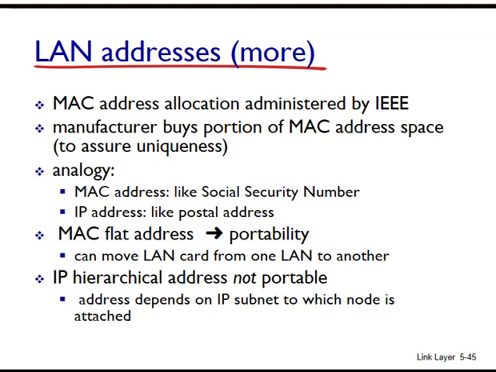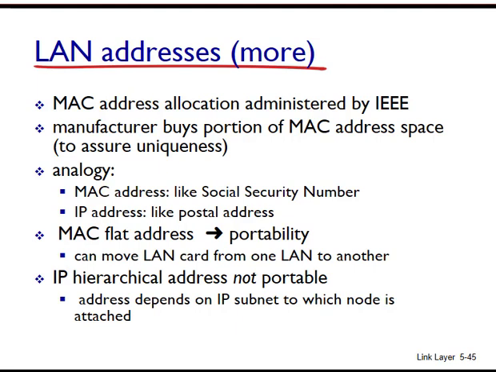When an adapter wants to send a frame to some destination adapter, the sending adapter inserts the destination adapter's MAC address into the frame and sends the frame into the local area network. A switch occasionally broadcasts an incoming frame to all of its interfaces. So an adapter may receive a frame that isn't addressed to it.